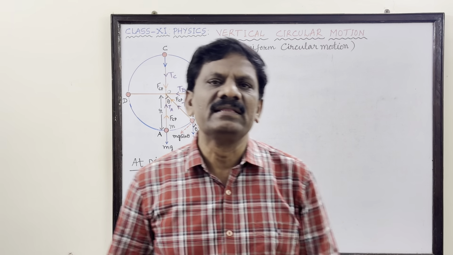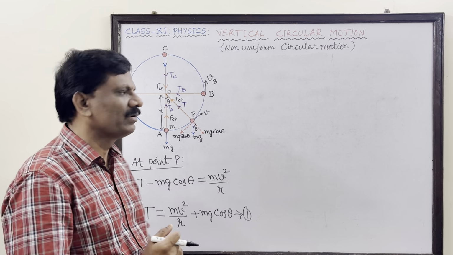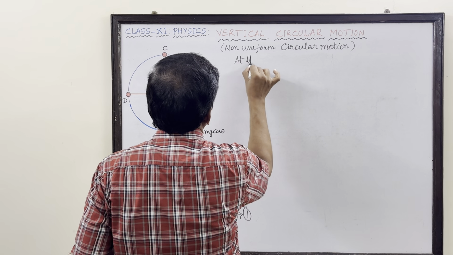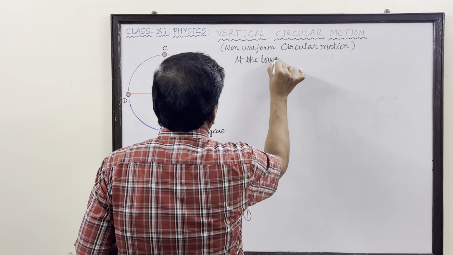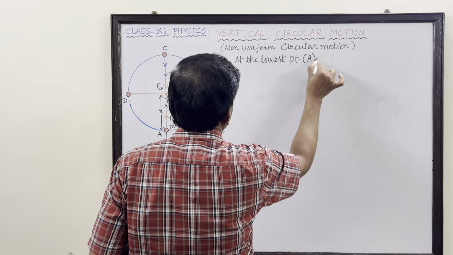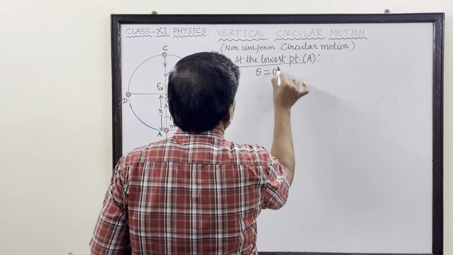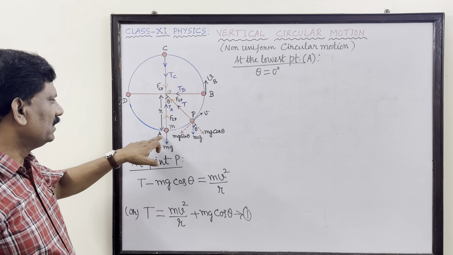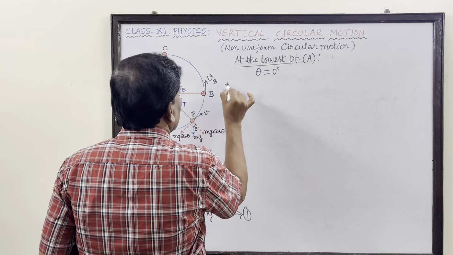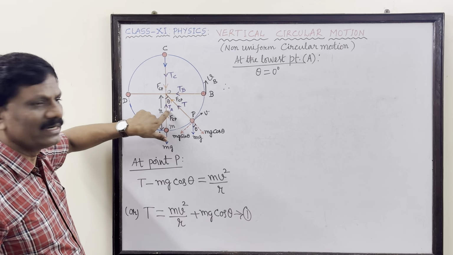Now I am going to apply this equation for the lowest point A and the highest point C. So which is the lowest point here? This lowest point here is A. At A, the value of theta is equal to 0 degree. Therefore, the tension in the string at A is denoted as TA.